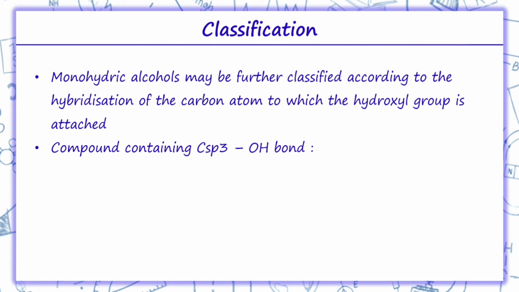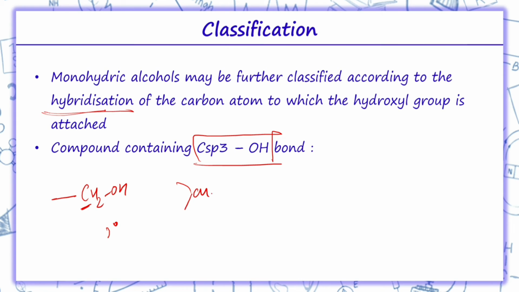Now monohydric alcohols are further classified according to hybridization. Like compounds containing sp3 hybridization. So we have CH2OH, this carbon is having sp3 hybridization, this is primary carbon. Similarly, we have CHOH, this is secondary carbon, COH, this is tertiary carbon.